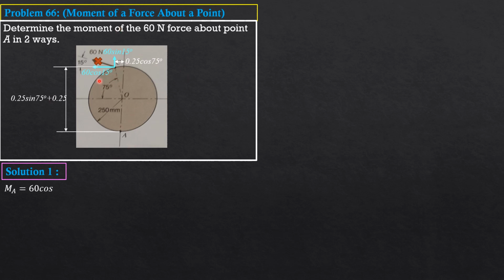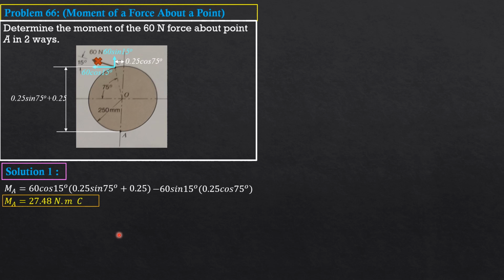Moment at A is 60 cosine 15 times quantity 0.25 sine 75 plus 0.25, minus 60 sine 15 times 0.25 cosine of 75 degrees. So using your calculator, the moment at A is equal to 27.48 Newton meter counterclockwise.